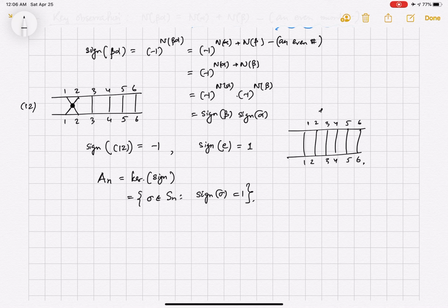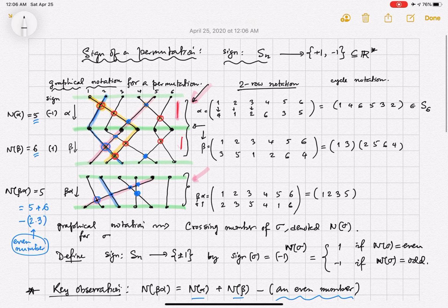So this one is even. This one is in An, but this one is not. This one is in An, but this one is not. This one is also not. You have to have an even number of crossings.